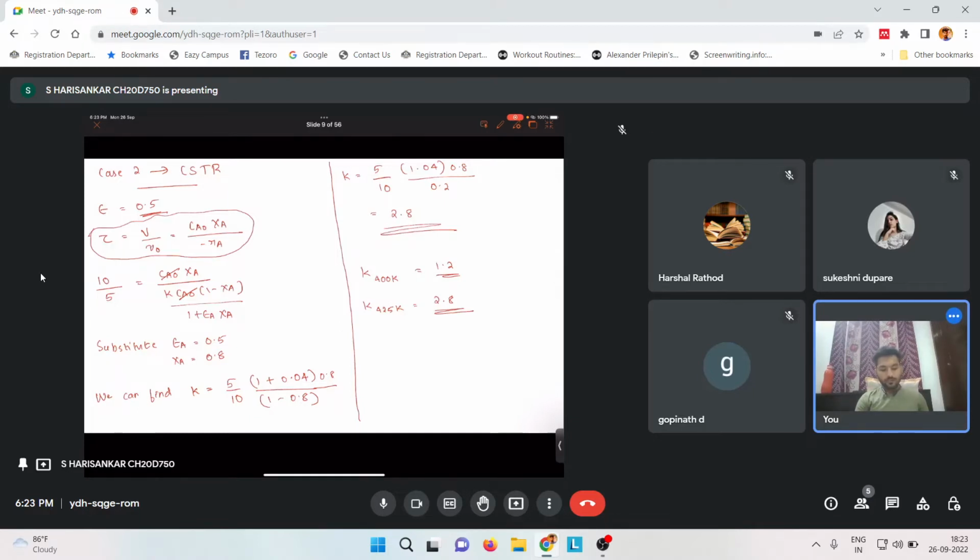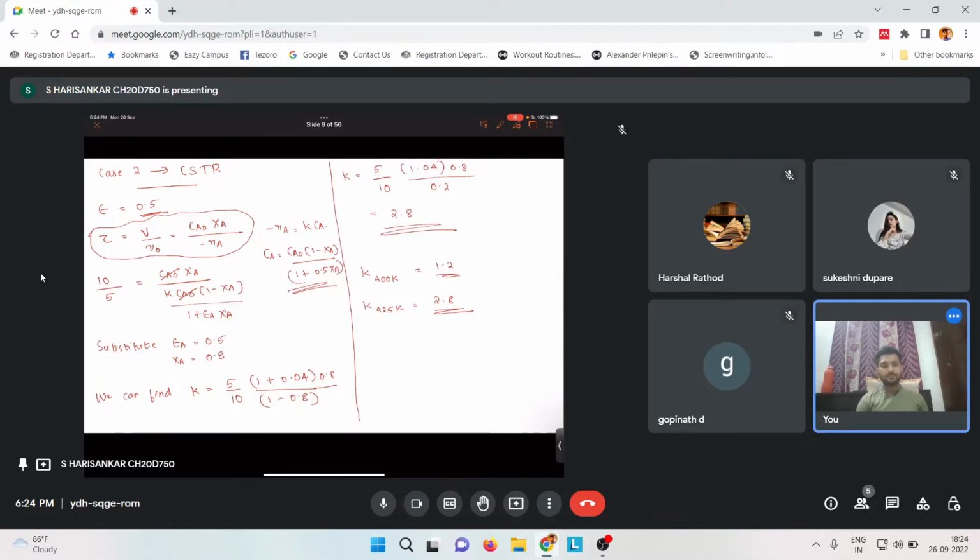Now again what we have to do is substitute minus Ra is equal to K Ca, and this Ca will be Ca0 into 1 minus Xa by 1 plus epsilon A Xa, and epsilon here is 0.5, so 0.5 Xa. So all we have to do is substitute for minus Ra is equal to K Ca, and Ca is Ca0 into 1 minus Xa by 1 plus epsilon A Xa.